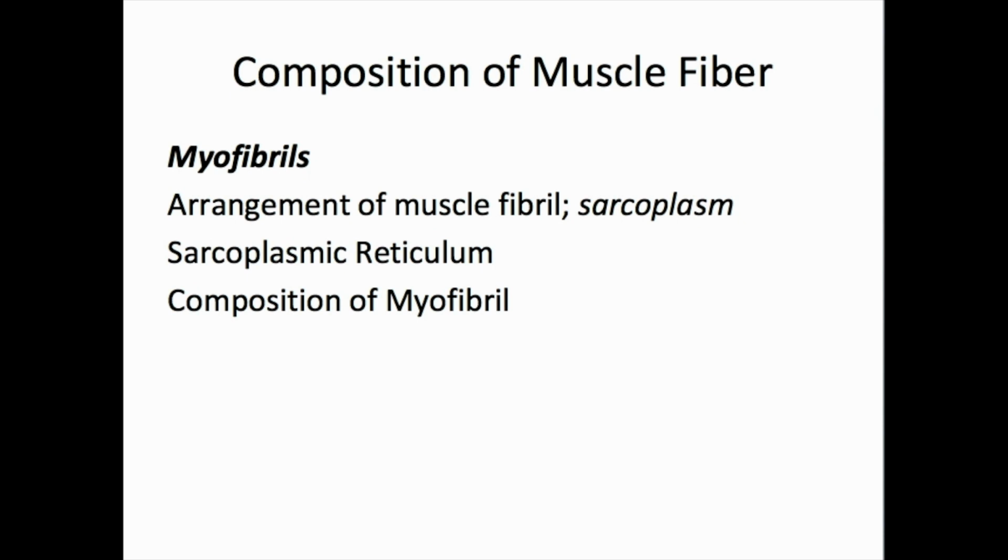Many myofibrils of each muscle fiber are suspended side by side in the muscle fiber, and the spaces between the myofibrils are filled with intracellular fluid, which is called sarcoplasm. In the sarcoplasm surrounding the myofibrils of each muscle fiber is the muscle cell endoplasmic reticulum, which is called sarcoplasmic reticulum.